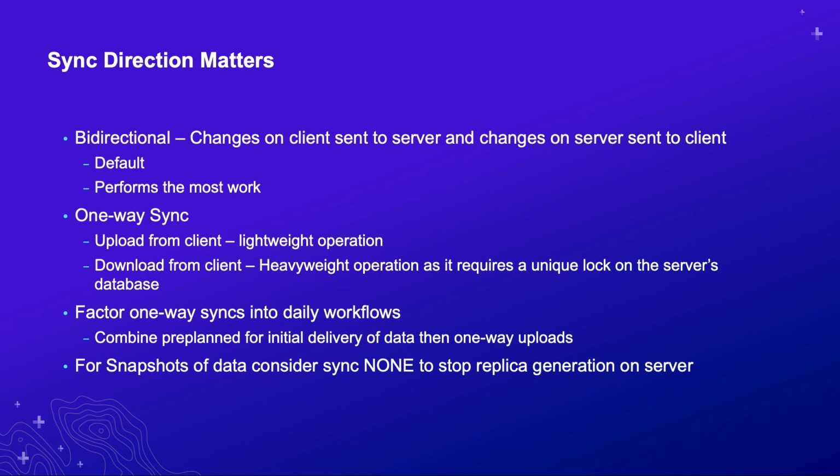If you're not interested in changes that have happened on the server, don't ask for them. Just pass your changes back to the server. Likewise, if you're not interested in pushing your changes to the server, but you are interested in getting the latest and greatest data from the server to your client, just perform a one-way download sync.